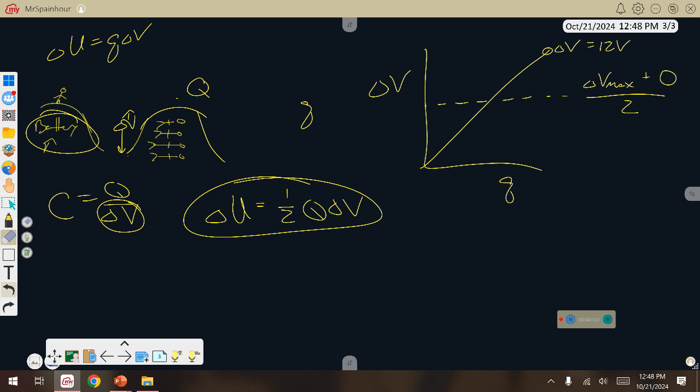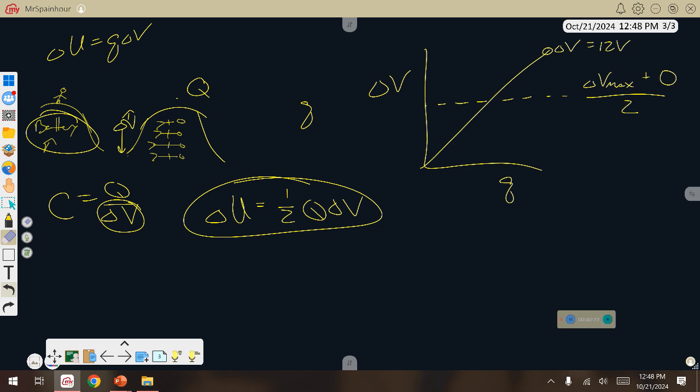What if I, instead of hooking up a new battery, okay, let's just discuss this in your group real quick. I keep the same battery, I double the capacitor. Discuss quickly in your group what effect would that have on the energy. If I double the size of the capacitor, I was at 10 microfarad, now I'm at 20 microfarad.